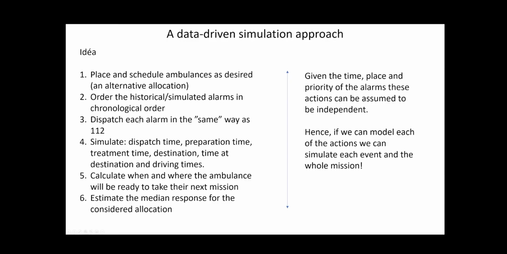We dispatch each alarm the same way as 112. We simulate all the actions the ambulance takes, and we also calculate when the ambulance will be ready to take the next mission. And then we do this for 1 year of simulated data, and we repeat it several times as well.